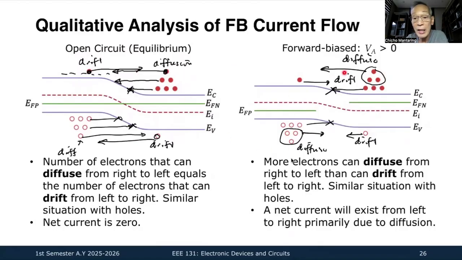Here, net current. What is the current composed of? Charges that are diffusing. So in a forward biased PN junction, current is actually due to diffusion. It is not due to drift. Again, in a forward biased PN junction, current is due to diffusion and not due to drift.